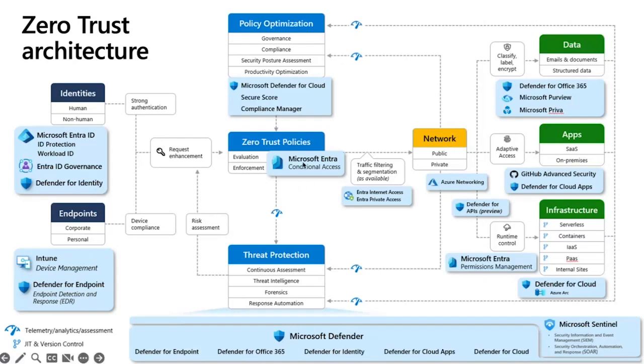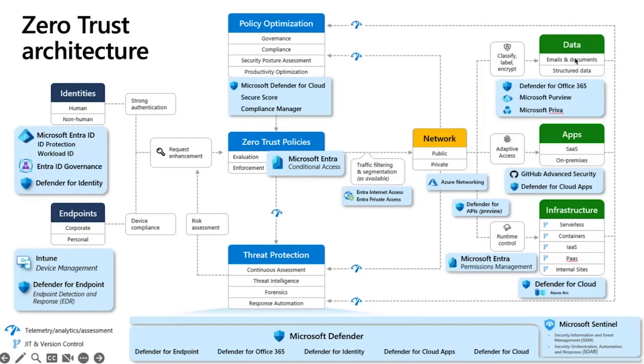We can also consider Microsoft Entra Conditional Access that will authorize the connections or the access. Also considering Entra Internet Access and Entra Private Access, which come under Microsoft Entra Global Secure Access. This can provide traffic segmentation, traffic filtering, and security.